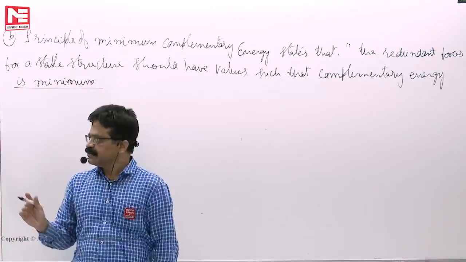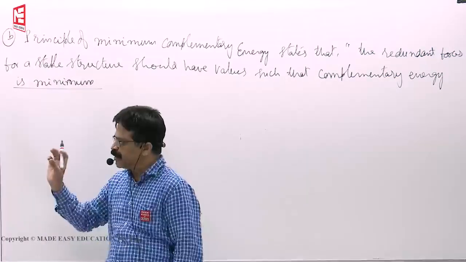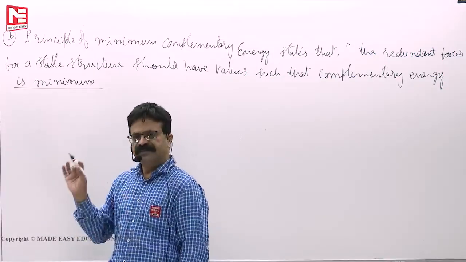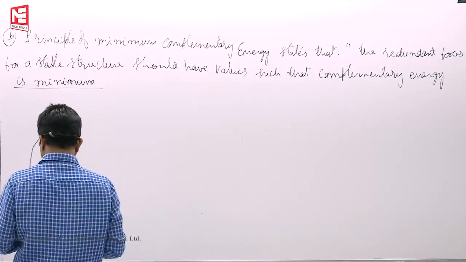That means U star will be minimum. For it to be minimum, the x value should be such that dou U by dou x is 0. Like that, the x value will take up.